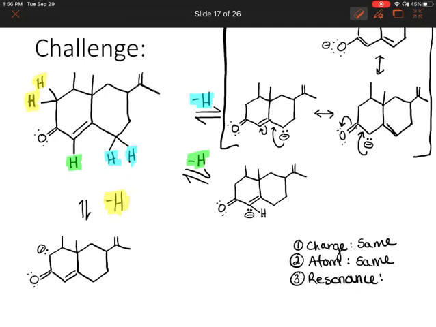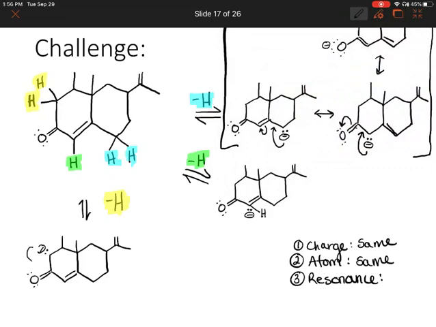Now, what about the structure that results if we lose a yellow hydrogen? So our third conjugate base. Are there any resonance structures there? Yes. Notice that the lone pair on carbon is next to a sigma bond that's next to a pi bond, so we can move those electrons around.